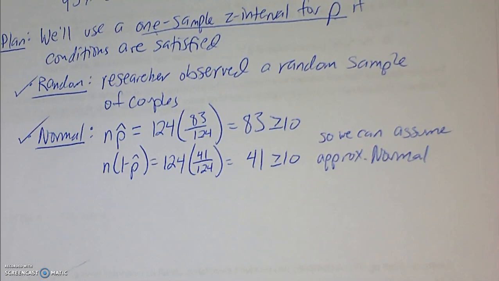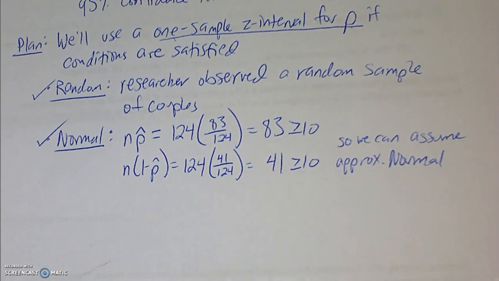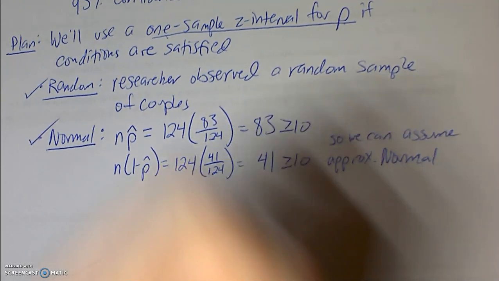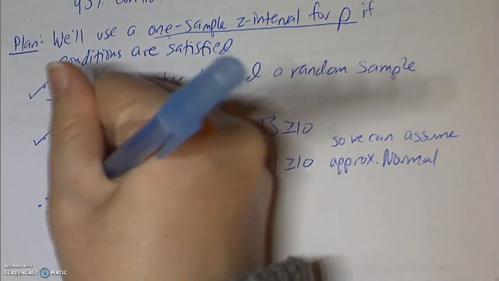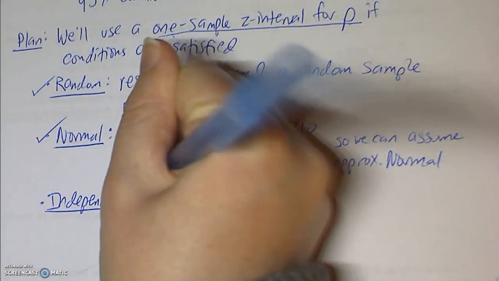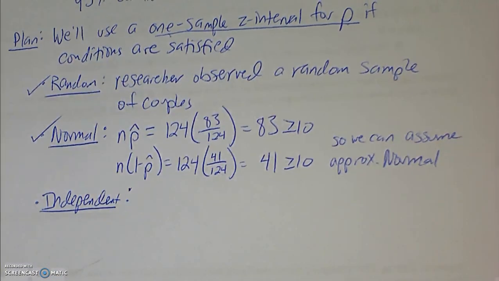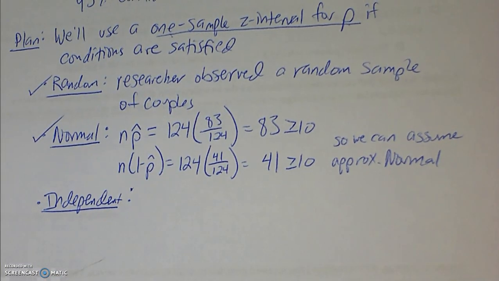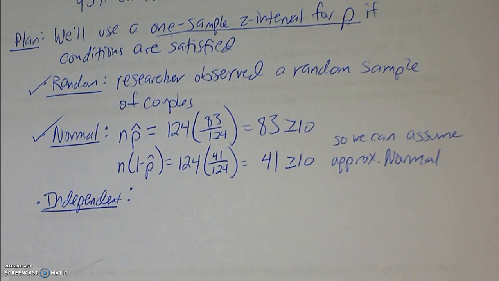Next condition that we need is independent. Okay. We need to assume that all of the couples are independent of each other, and we also need to check the 10% condition.